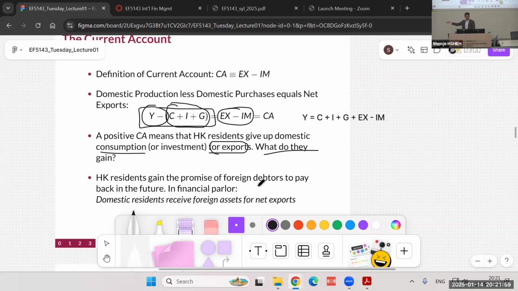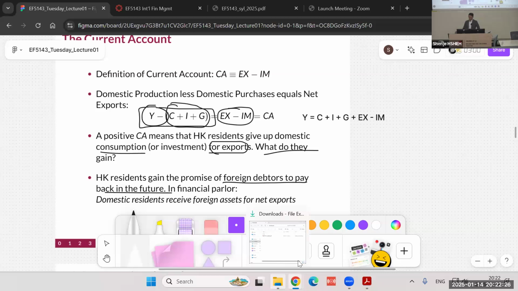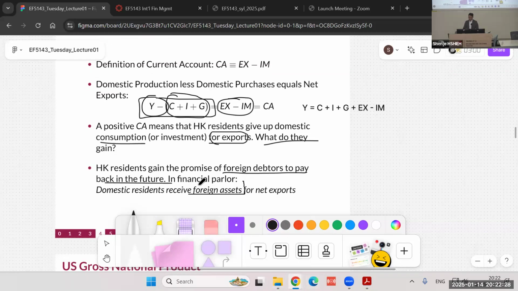It's like lending to someone today. So Hong Kong residents gain the promise of foreign debtors to pay back in the future. In other words, Hong Kong residents sell their stuff, they get foreign currency, and sometime in the future, they can use that foreign currency to buy stuff. So it's as if I'm lending them today so that I can use their currency to buy stuff sometime in the future. So they receive foreign assets. They get foreign currency for net exports.